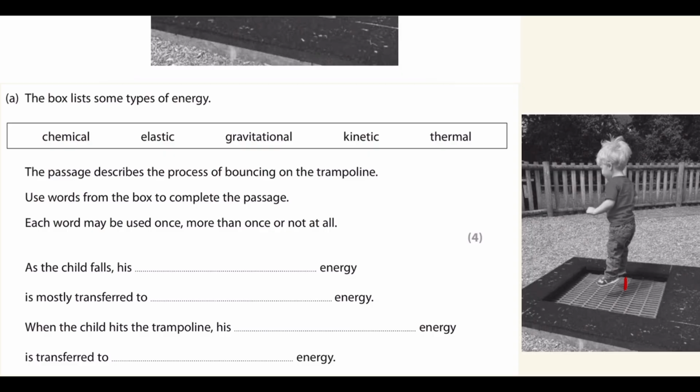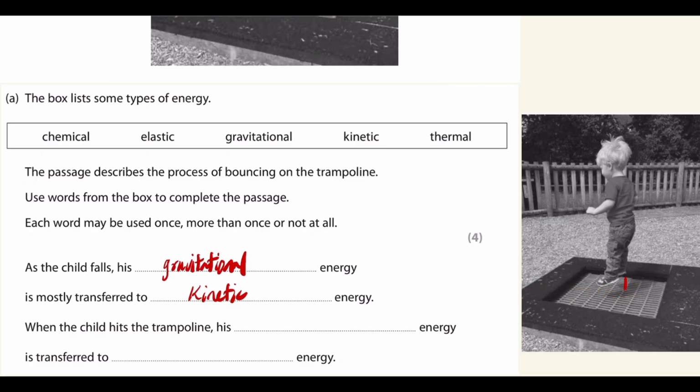So as the child falls, his gravitational energy, and this is the first blank, is being converted or mostly transferred to kinetic energy. Why? Because he's losing height and gaining speed while falling downward.